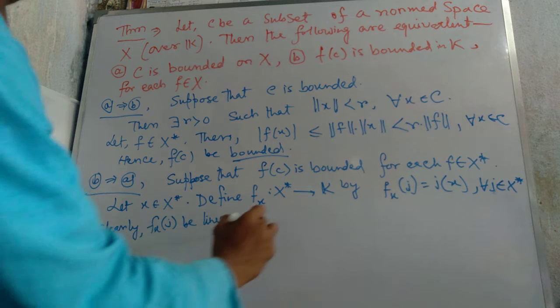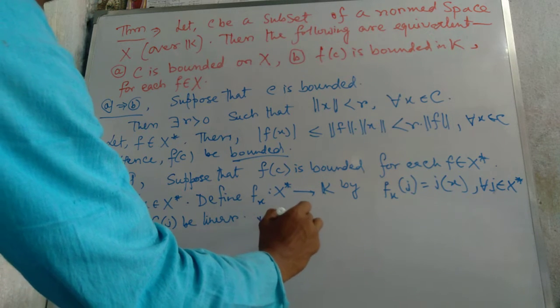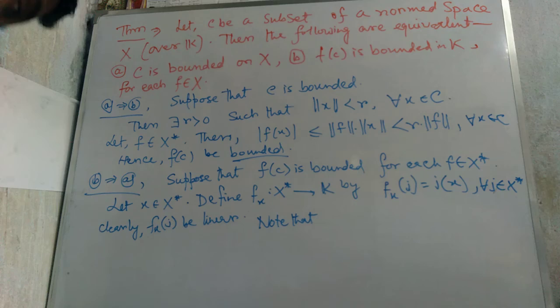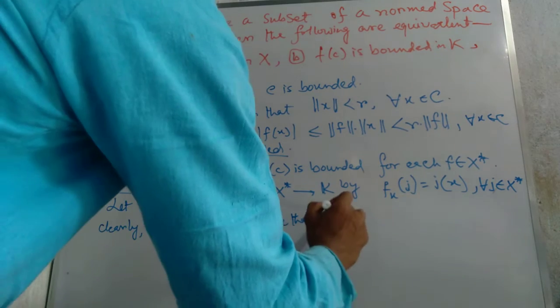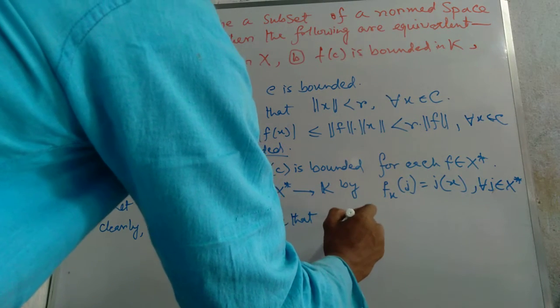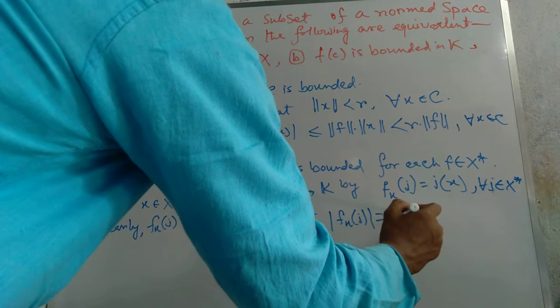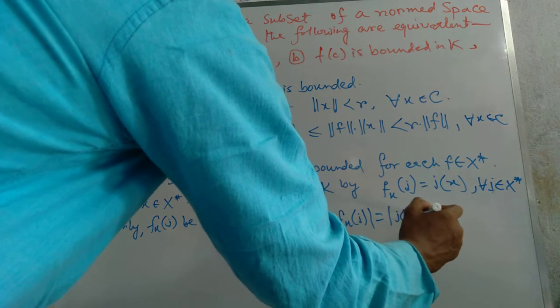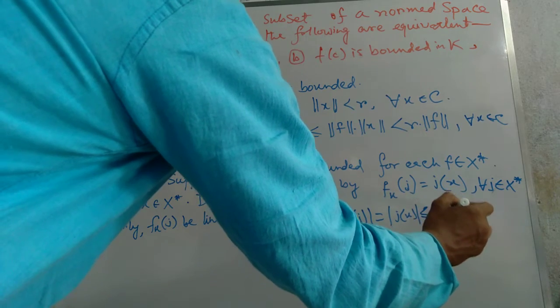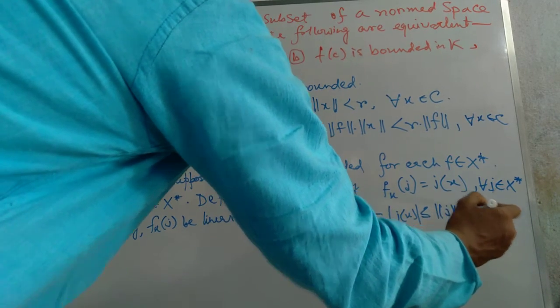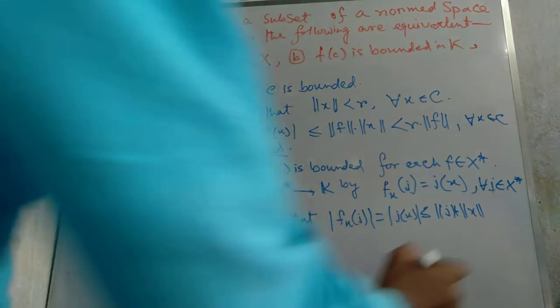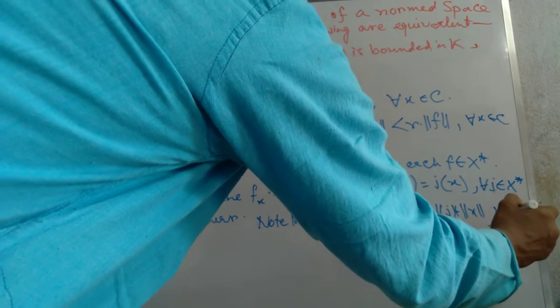Note that |F_x(j)| equals |j(x)|, which is less than or equal to norm of j times norm of x, for all j belonging to X dual.